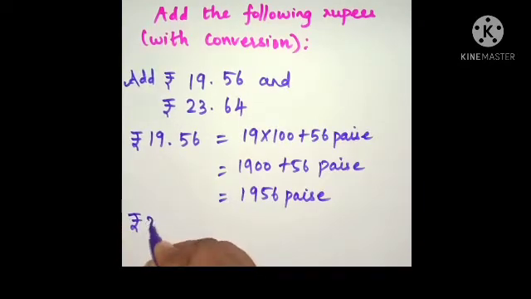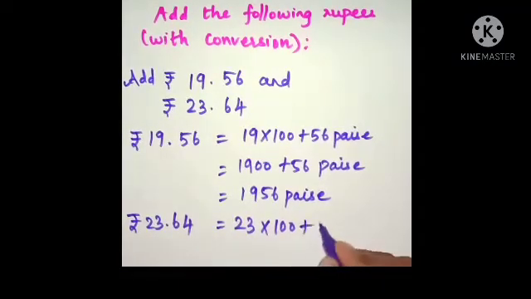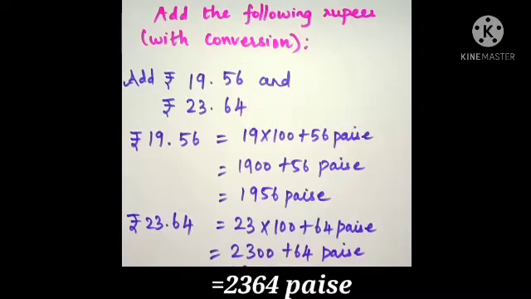Now we have converted the rupees into pice. Now let us convert 23 rupees 64 pice. 23 into 100 plus 64 pice. 2300 plus 64 pice. Finally we get 2364 pice.